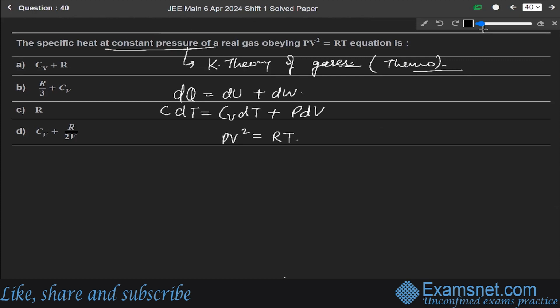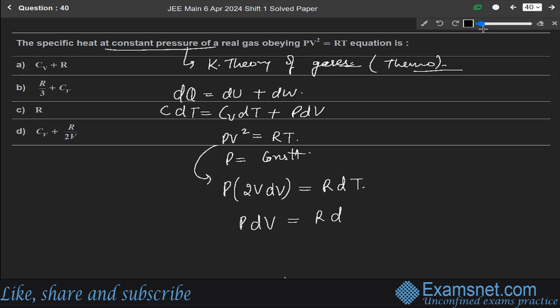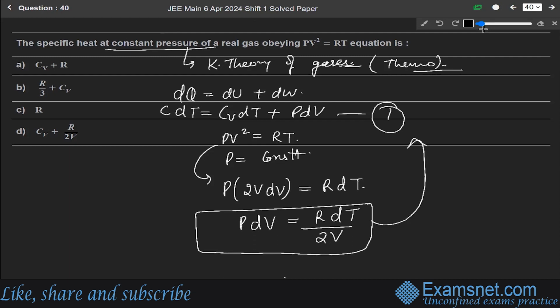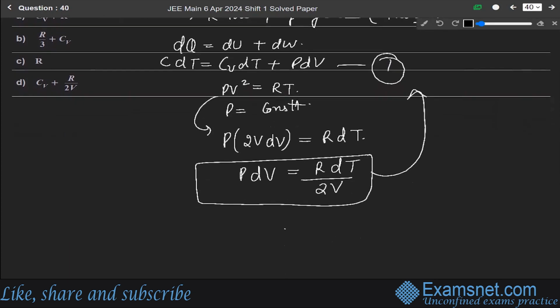Okay, at constant pressure means the given pressure is constant. So we can write it as P into 2V dV is equal to R dT. So P dV will become R dT over 2V. Okay, let us say this is equation number 1. So put it in equation 1 in place of P dV.